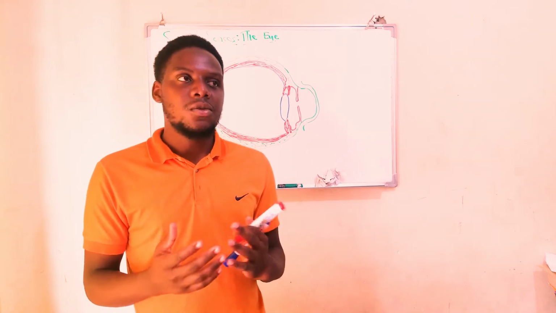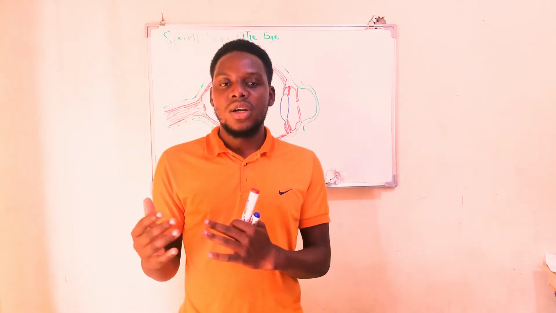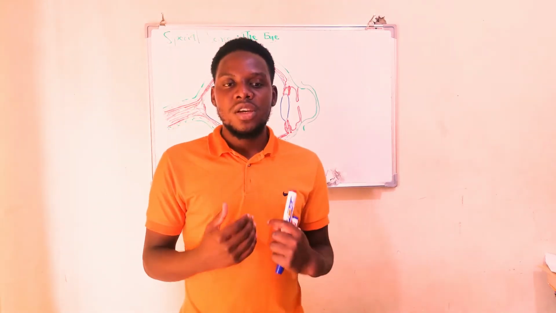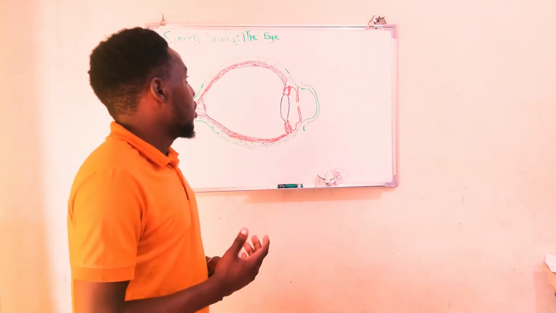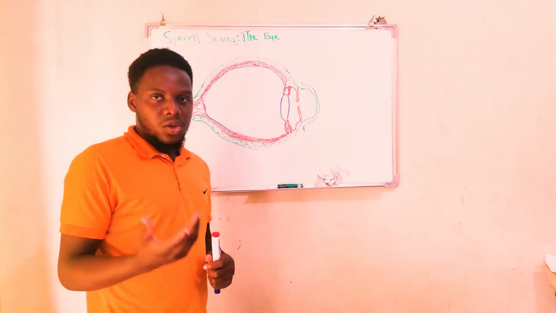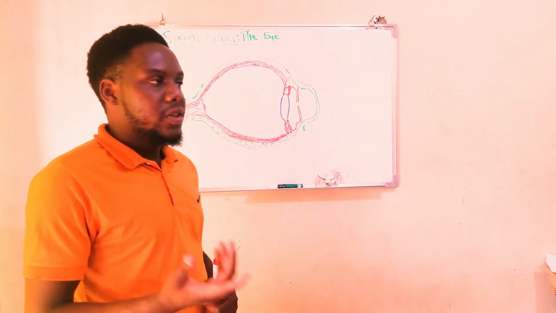So we can see that these sensations require specific organs for them to be perceived by the brain. So in this video, we're going to start by looking at the anatomy of the eye, the functional anatomy of the eye.